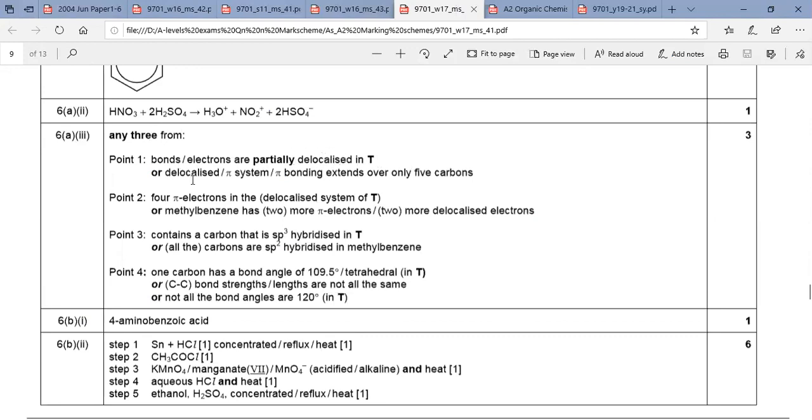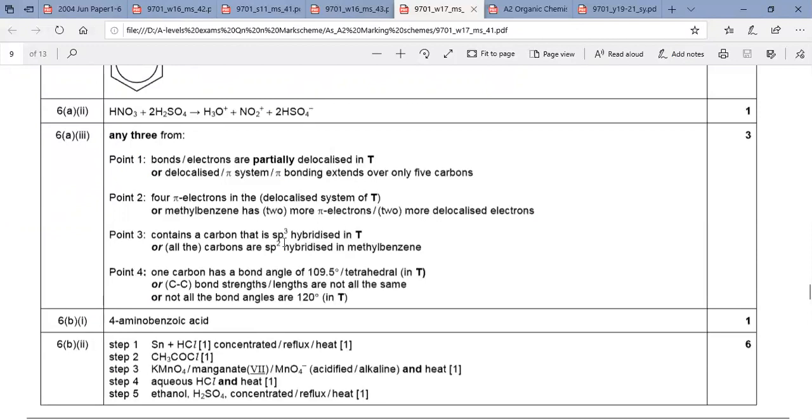Whereas for here, the delocalized system exists only for 5 carbons, and for benzene, 6 carbons. That's the first point. Second, 4 pi electrons are delocalized, which is true, whereas benzene has 2 more. That means all the 6 pi electrons are delocalized.